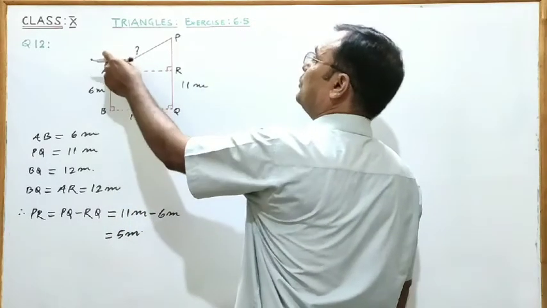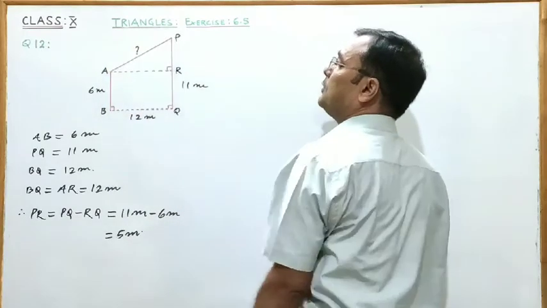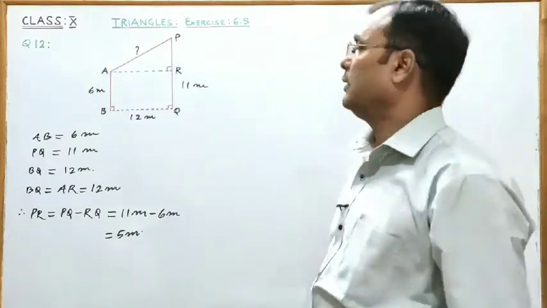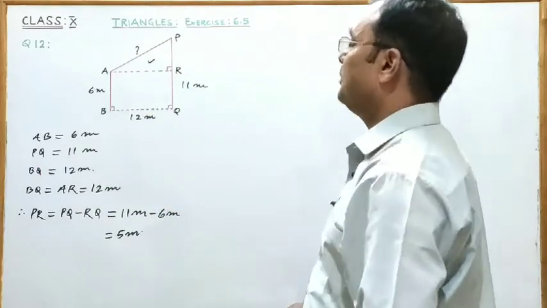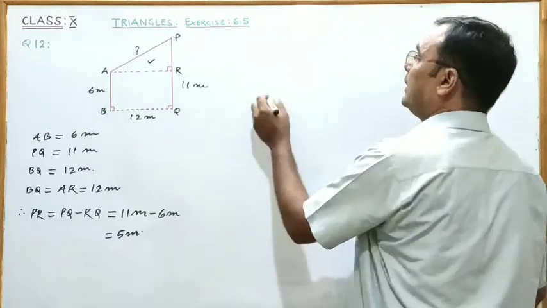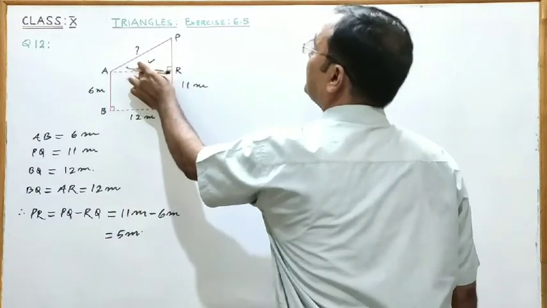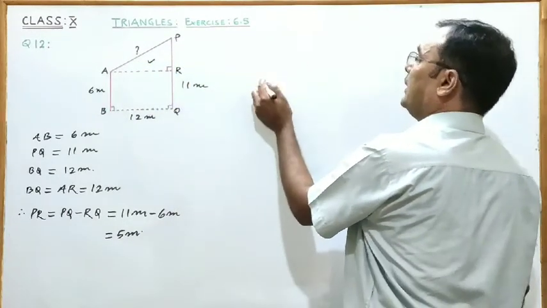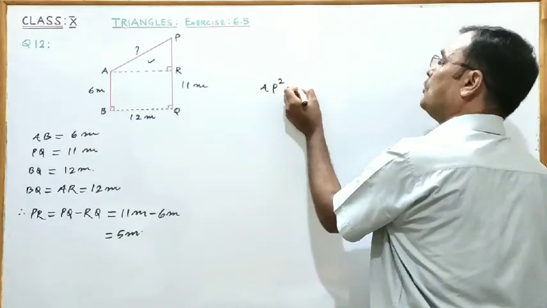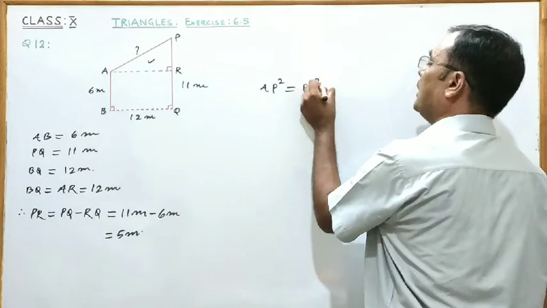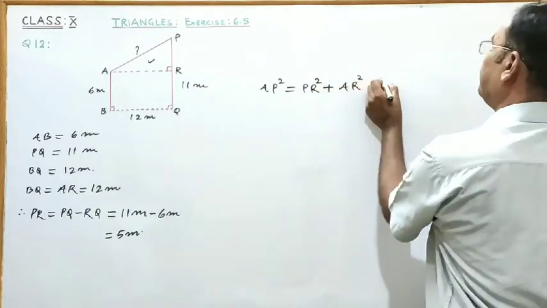Now we have to find this AP, the distance between the tops of the two poles. So let us apply Pythagoras theorem in right triangle PAR. Applying Pythagoras theorem, we can write AP square is equal to PR square plus AR square.